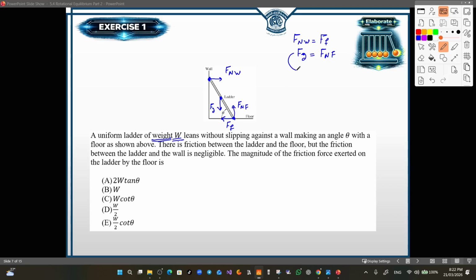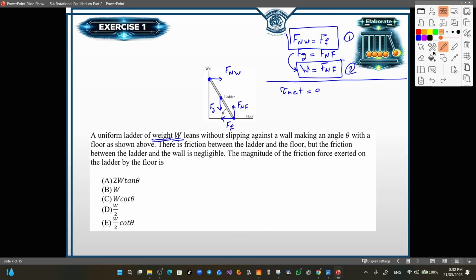So I can replace the Fg by W, because I should follow the consistency between my solution and the given notation. Now this is regarding the translational equilibrium. Remember that the translational equilibrium will give birth to two linear equations, one along the vertical, the other along the horizontal.